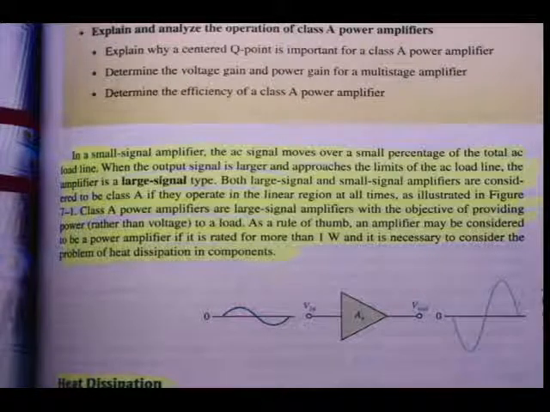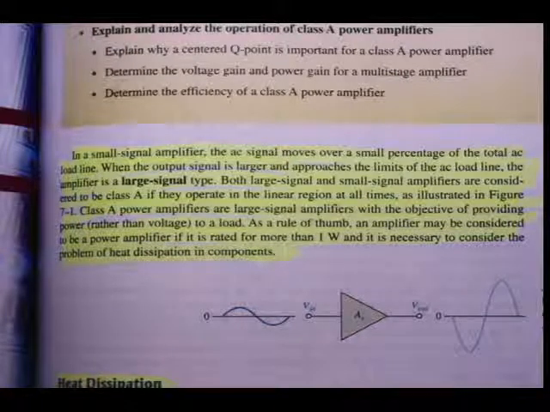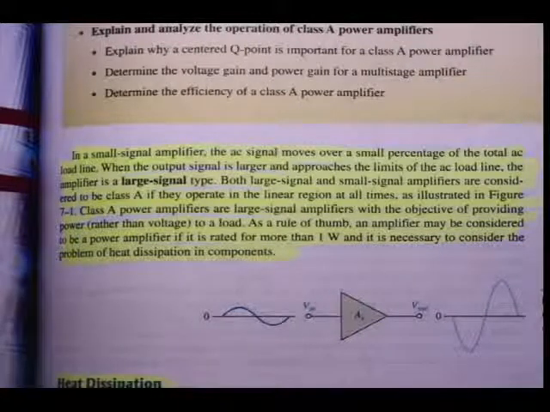Both large signal and small signal amplifiers are considered to be Class A if they operate in the linear region at all times, as illustrated in the figure. Class A power amplifiers are large signal amplifiers with the objective of providing power rather than voltage to a load. As a rule of thumb, an amplifier may be considered to be a power amplifier if it's rated for more than 1 watt, and it is necessary to consider the problem of heat dissipation in components.